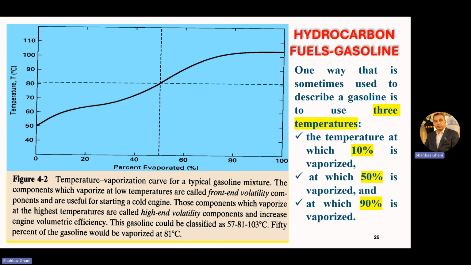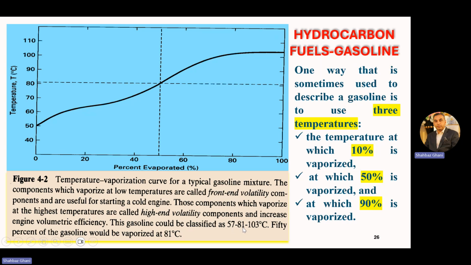Now, whenever you go to a market and you buy gasoline fuel in barrels, on your barrels the gasoline classification with respect to temperature must be written. Remember this thing. If you buy a large amount of fuel for your company or an organization, on the fuel barrels this temperature classification should be there. It will tell you that at this temperature, 10% vaporization is there.